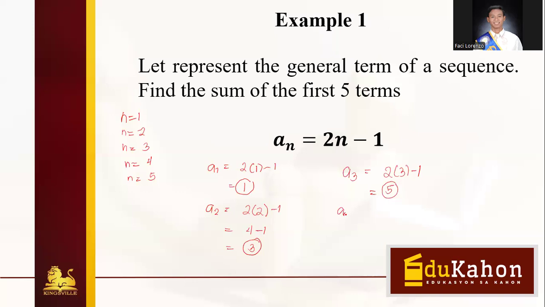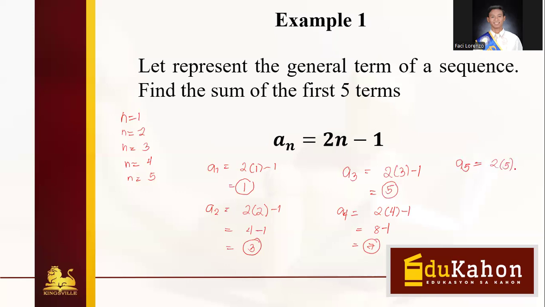Now, we have a sub 4. 2 multiplied by 4 minus 1. And 2 times 4, that is already 8. And 8 minus 1 is just equal to 7. So this is the fourth term of your sequence. Having the nth term, a sub n is equal to 2n minus 1. For the last term, we have a sub 5. So we try to multiply 2 by 5.